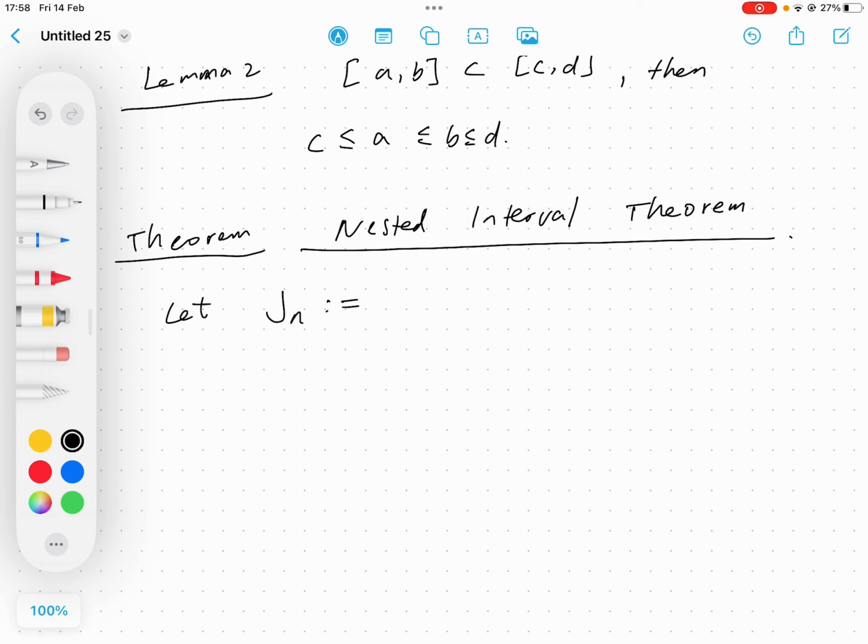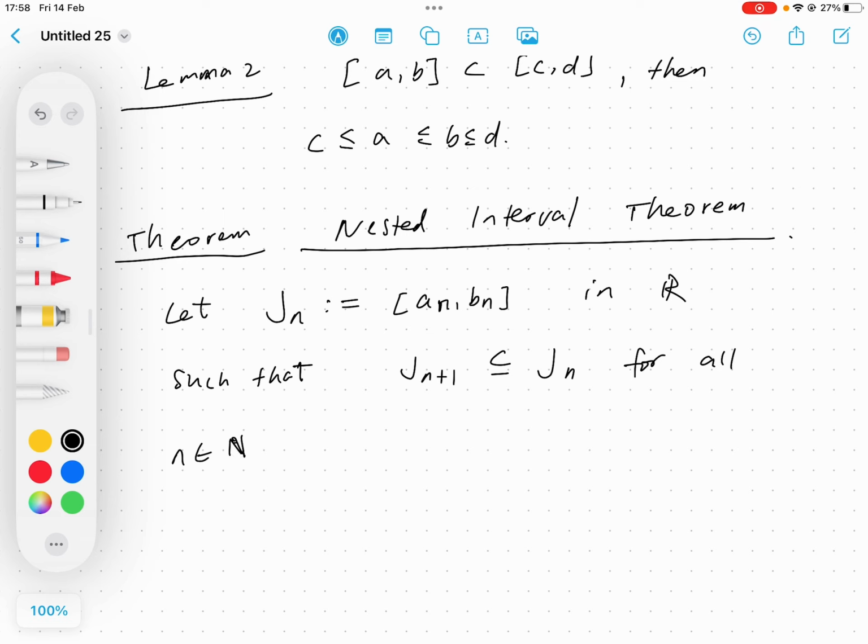So Jn is defined to be a closed set from An to Bn, in R1, such that Jn plus 1 is a subset of Jn for all n in the natural numbers.